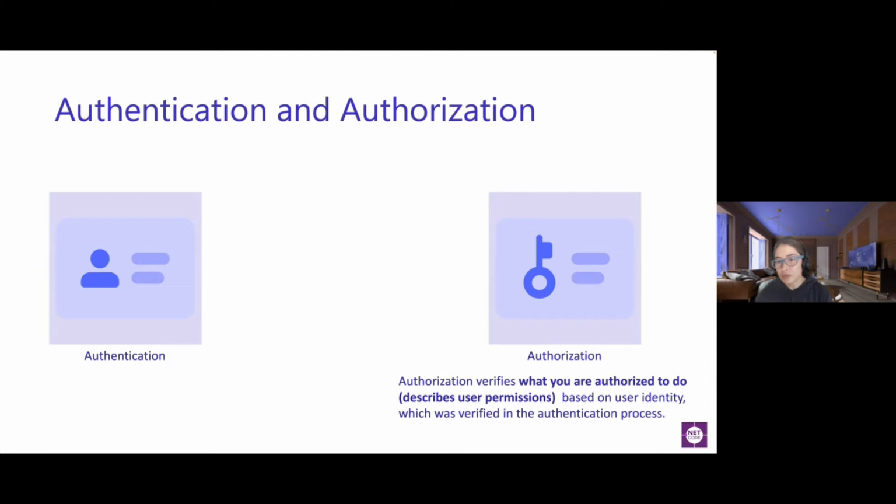And this process is called authorization. So as you can see, authentication is not the same as authorization. Simply put, authentication is the process of verifying who the user is, while authorization is the process of verifying what they have access to, or to what extent.